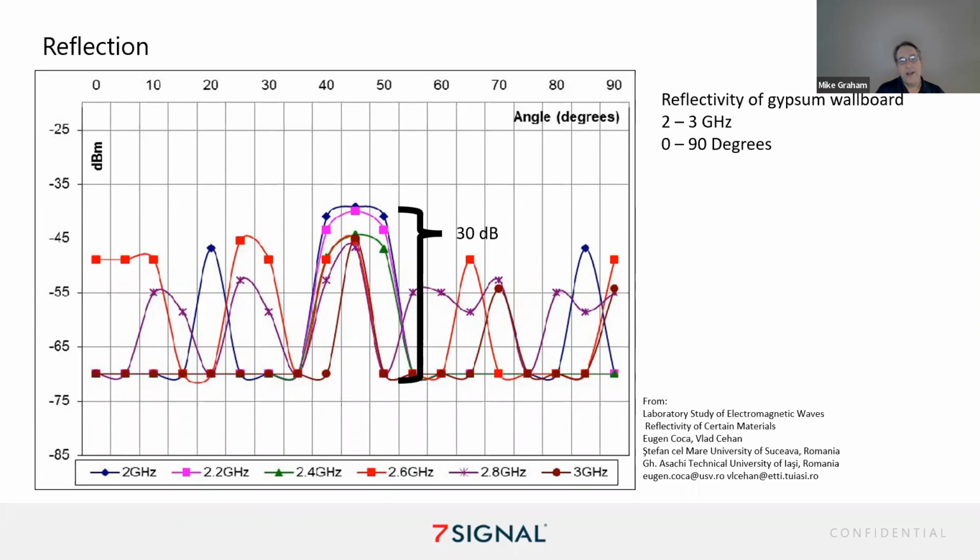At 45 degrees in this 2 to 3 gigahertz band, it's bouncing back about 30 dB of signal. So it isn't absorbing all that signal that I was finding the dead spots at 45. It's bouncing it back. Like I said, this is maybe slightly off of what I was going to talk about, but it was such a revelation to me that I wanted to include it.